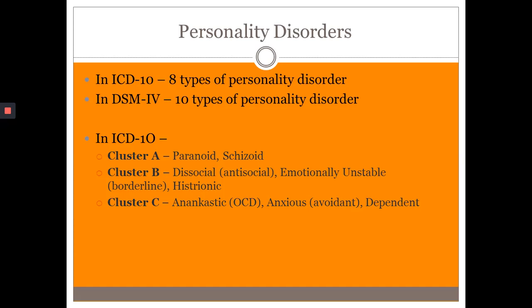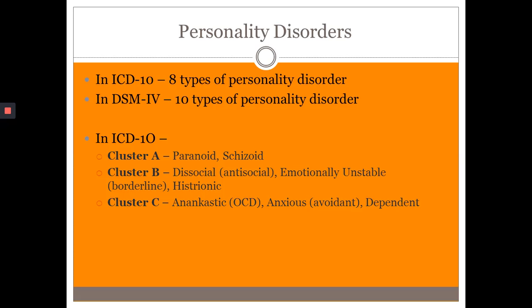That said, the ICD lists 3 clusters, which is the jargon term used nowadays: Cluster A, Cluster B, Cluster C. And we'll touch a little bit on these today, and we'll think about more of them at other times in the course as well. So the paranoid and the schizoid we've already sketched a little bit of, because not everyone who is suffering from a schizophrenic personality type is necessarily paranoid, so they're treated as 2 slightly different things.